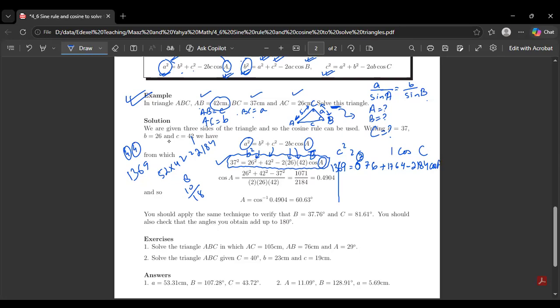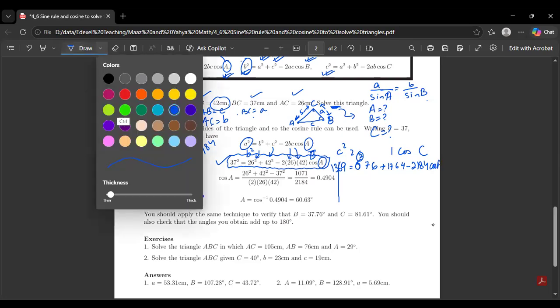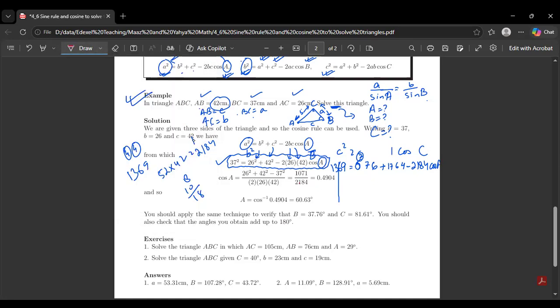Now, what we are going to do, we will shift the ones which are not with cosine. So we will shift these numbers to the left hand side, okay? Either you can add first and then shift them to the left hand side, or you can shift them separately, okay? So 1369.